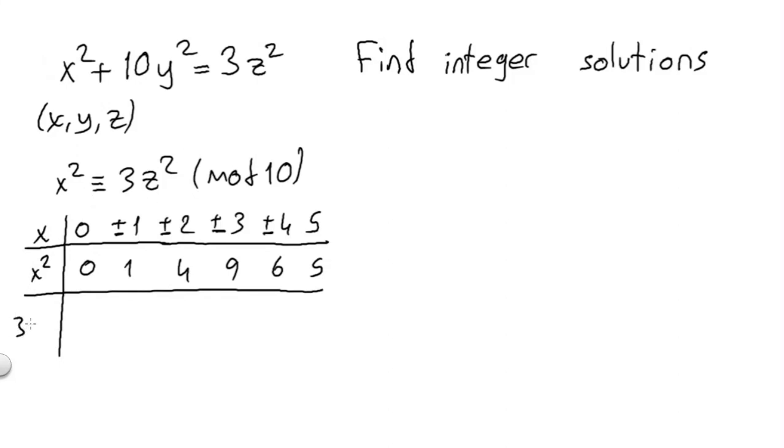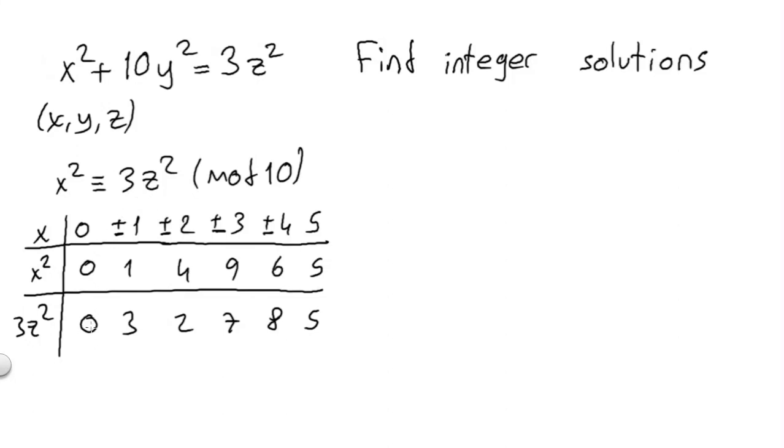So let's multiply this by 3, and I will get 3z squared. It's going to be 0, 3, 12 which is 2, 27 which is 7, 48 which is 8, and 75 which is 5. I have that x squared has to be congruent to 3z squared.